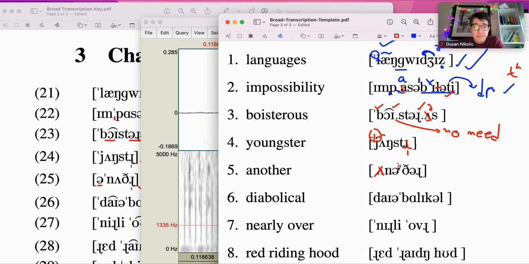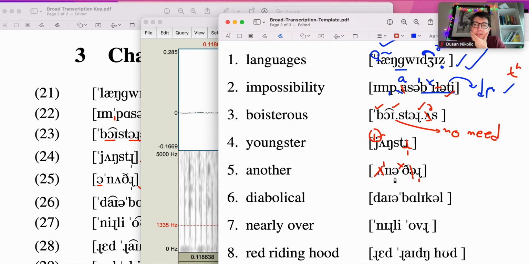And they misplaced the stress. It's another, right? It's not another. That's how they transcribed it, so this was not good. No schwa here, and syllabic R. So overall good job, but try to listen to these.